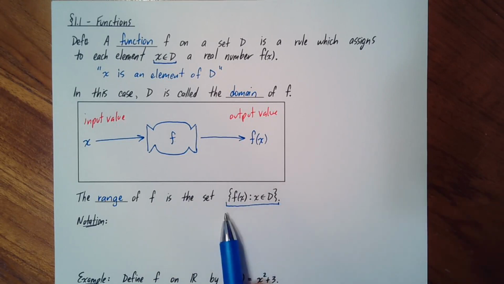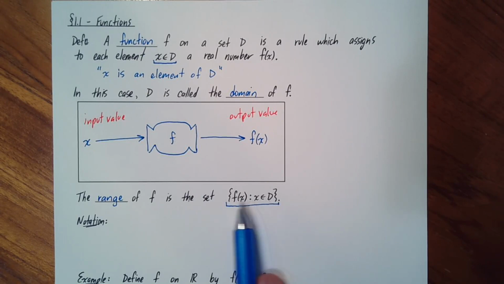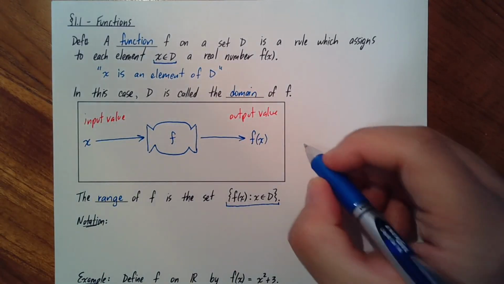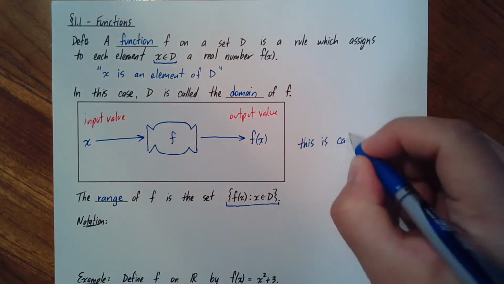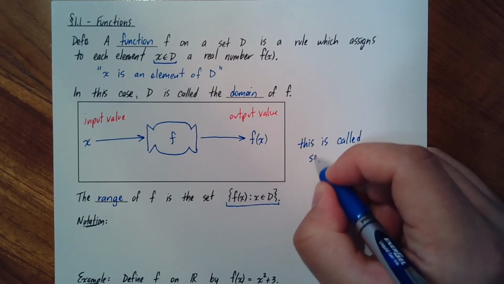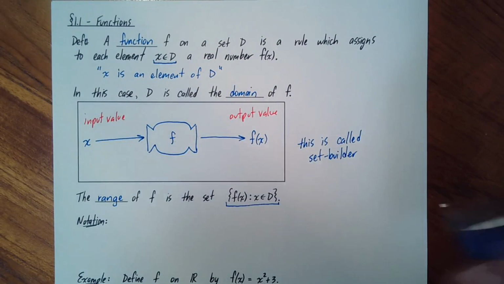So this is giving you a typical form of an element of the set. It has to appear as a possible output value from f, where you plugged in some x, where, by the way, x would have had to be in the domain. And of course, that needs to be true for this to make sense. Let me remind you that this is called set builder notation. We'll use that fairly frequently in this course.